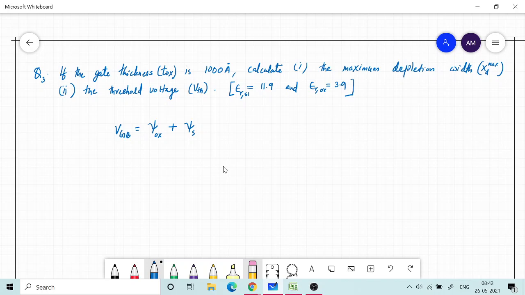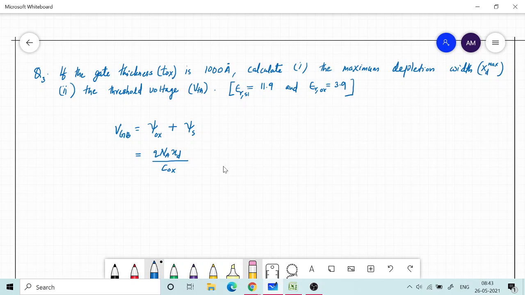And then we derived the expression for psi ox. If you remember, we derived psi ox as Q Na XD, so this is basically the charge, and XD is the depletion region width. This derivation we did by assuming depletion mode of operation, and what we got is the charge per unit area divided by Cox.